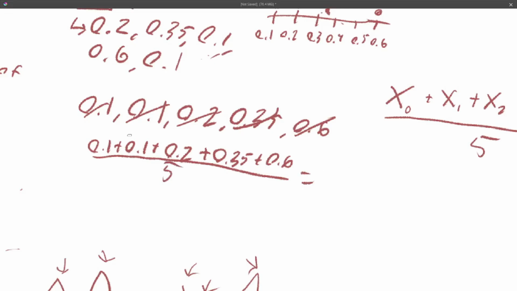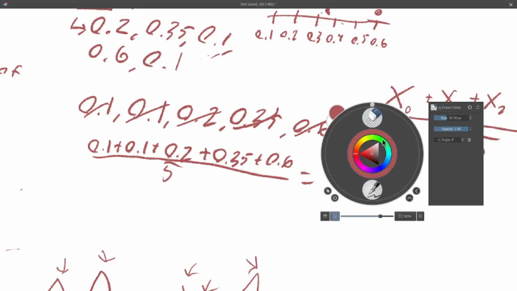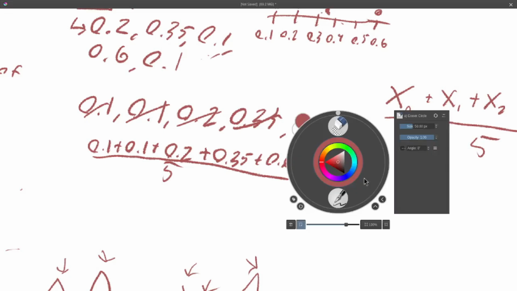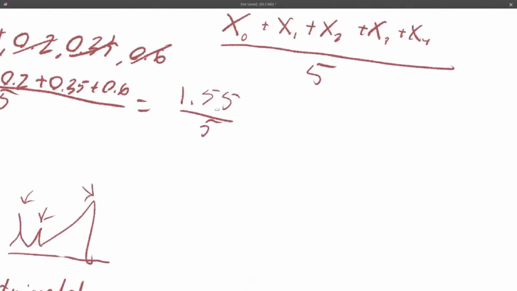This equals 0.95 plus 0.6, and then that leaves us with 1.55 over 5. Gorgeous. Now, let's do some division.